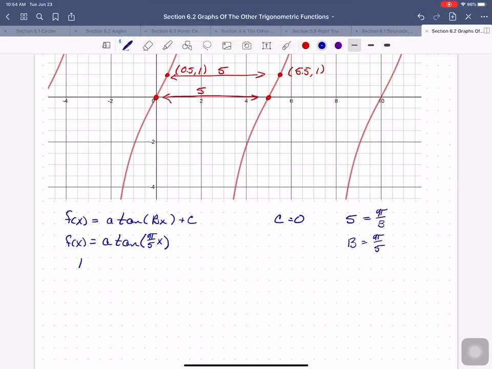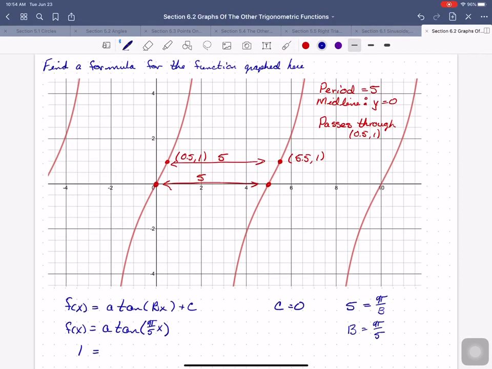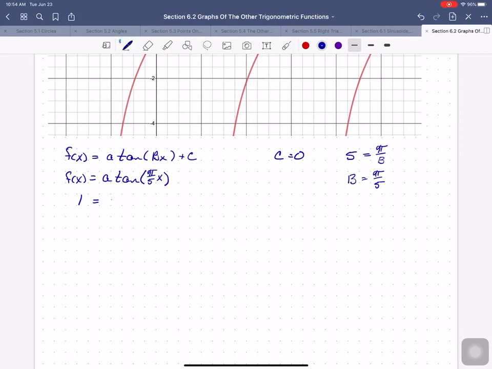So we know that 1 equals something times the tangent of pi over 5 times 1/2.